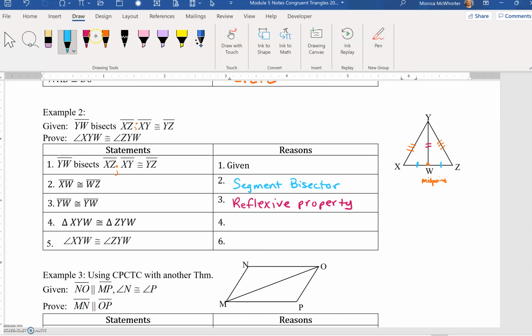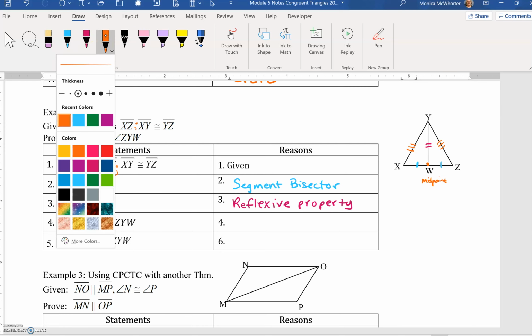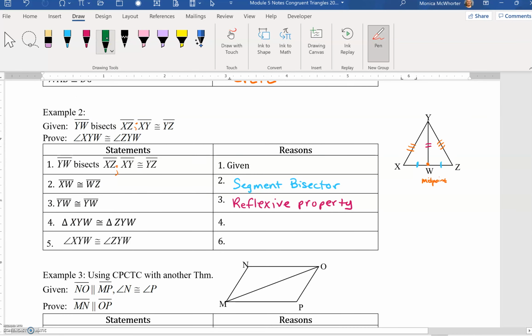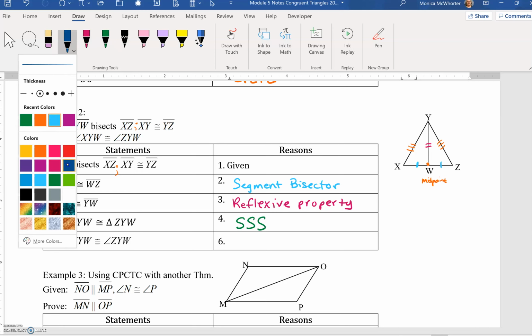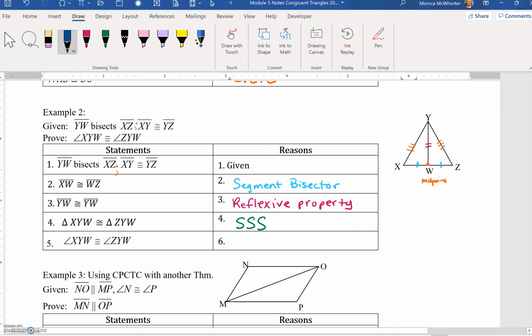And so then we would say that these two triangles are congruent because of the side-side-side postulate. And then the final reason that we could say that angle XYW is congruent to angle ZYW is because corresponding parts of congruent triangles are congruent.